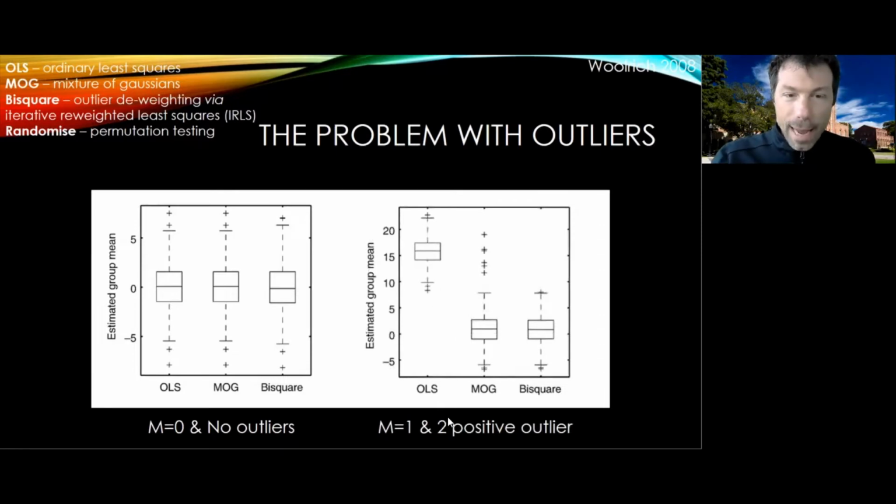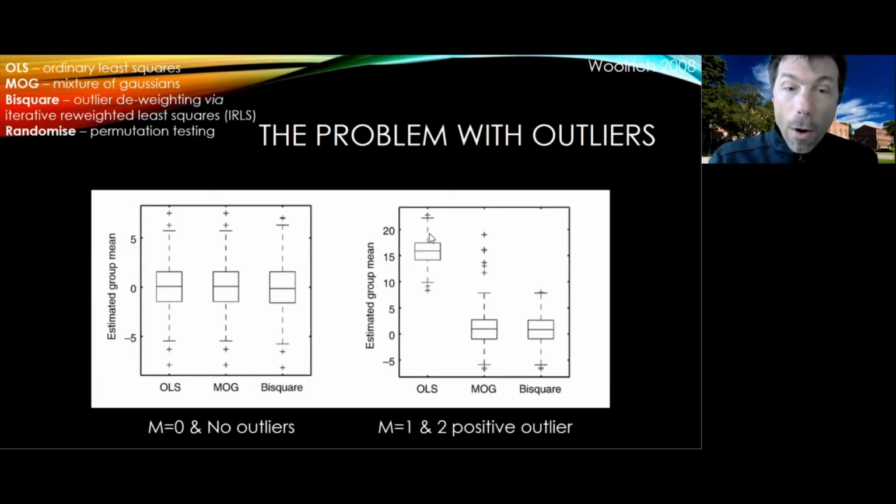If you look at the case where we have 2 positive outliers, the mixture of Gaussian and bi-square still do pretty well. You can see that the mixture of Gaussian is getting pulled a little bit up by these up here. But by and large, both these approaches that do try to address the issue, be it by modeling outliers separately or by downweighting outliers, cope pretty well, even with 2 outliers. This is out of a group, I should say, of 20 participants.